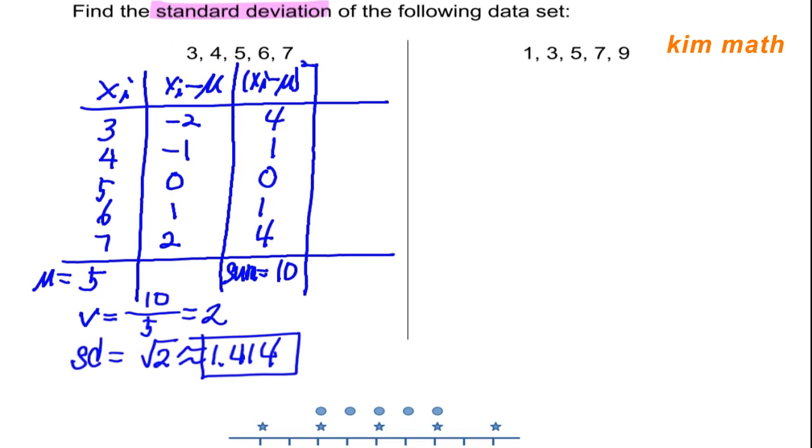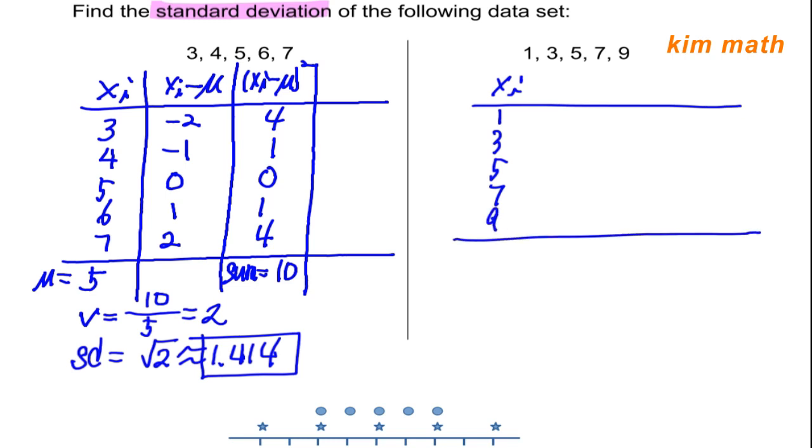Okay, let me repeat this whole process for another data set, 1, 3, 5, 7, 9. xi: 1, 3, 5, 7, 9. Interestingly, mu or mean is the same as our previous example, 5. If you add them all and divide by 5, this will be 5.